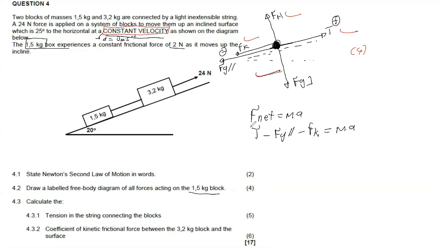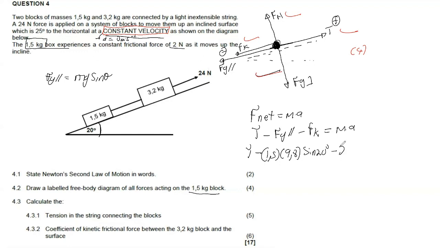Now we can break this one here. Remember, the Fg parallel breaks down to mg sine theta. Let's go ahead and substitute that. We have T, and then our Fg parallel will be our mass, which is 1.5, our gravitational acceleration is 9.8, and then we have sine 20 degrees. Remember, the theta now is the angle of the incline. And then remember, we are told that the constant frictional force on the 1.5 kg block is 2 Newton.